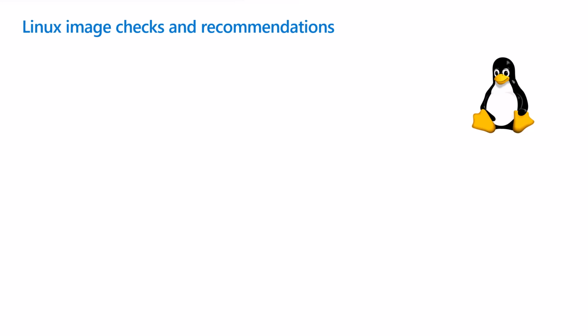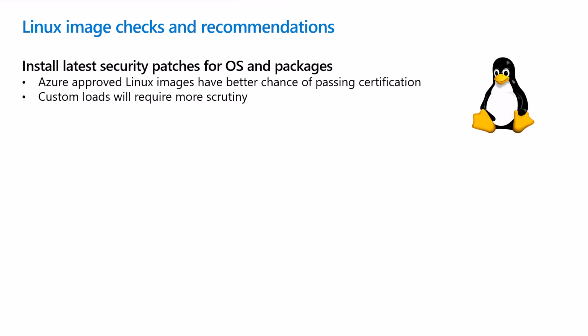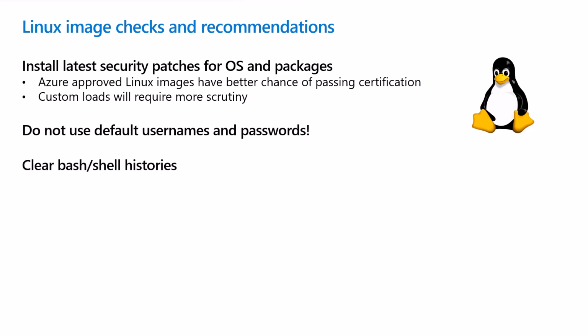First, just like Windows images, ensure the latest patches are in place for both the operating system and any software used by the solution. Change any needed usernames and passwords from their defaults, and odds are publishers will use the shell when installing software to the base Linux machine.